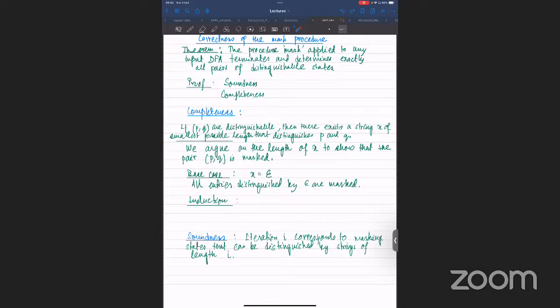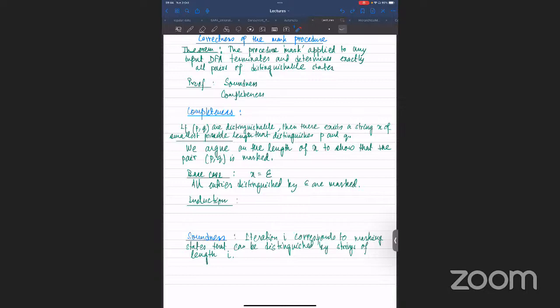All such pairs of states are indeed marked, right? Because such a pair, one will be final, one will be non-final. And indeed, our algorithm, the mark procedure, does that, correct?